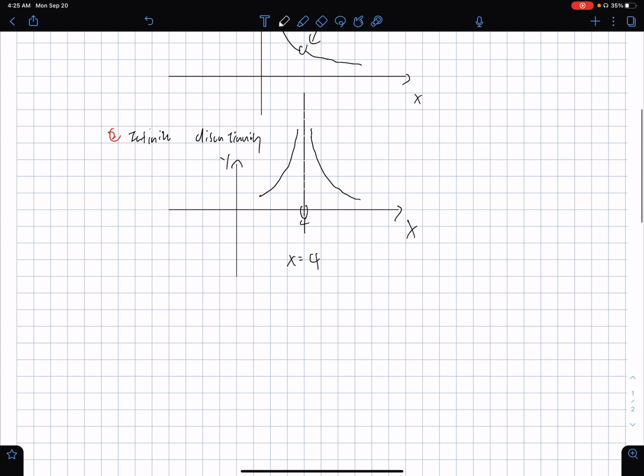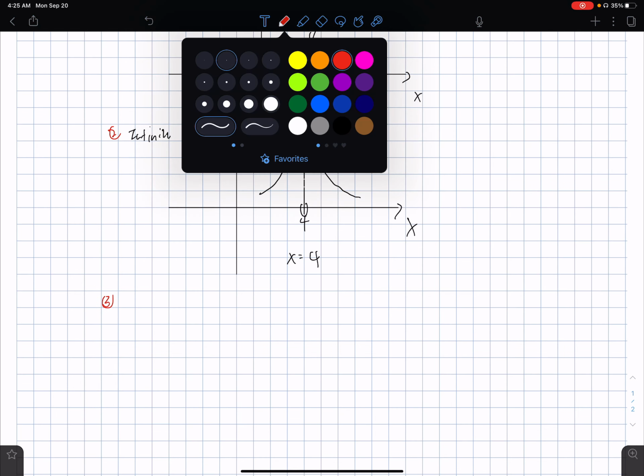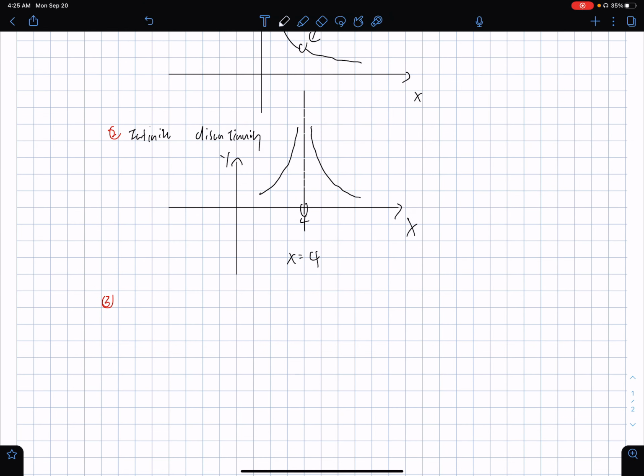The third type of discontinuity is the jump discontinuity.